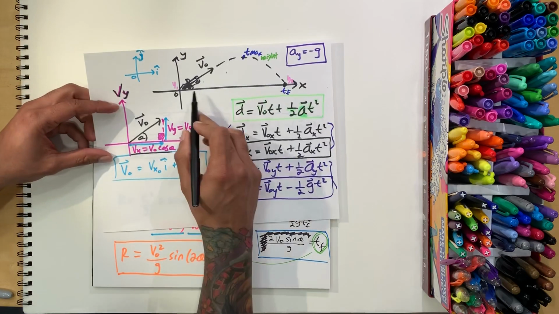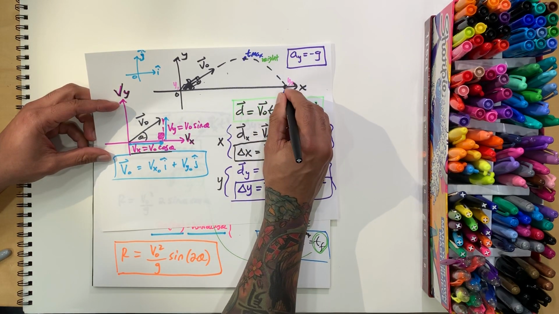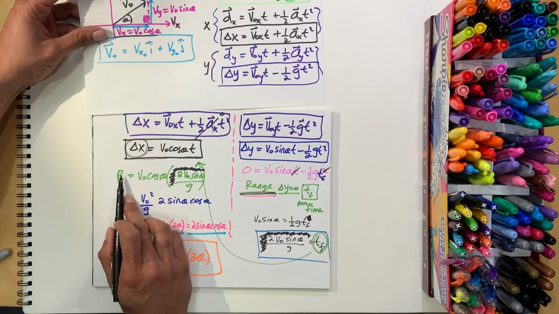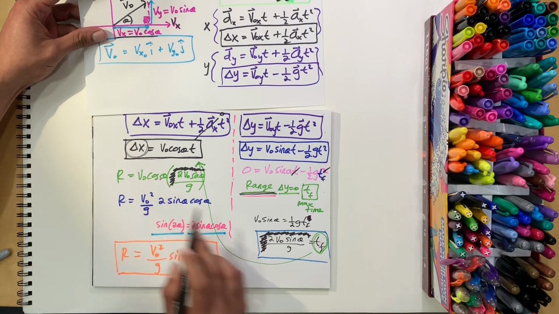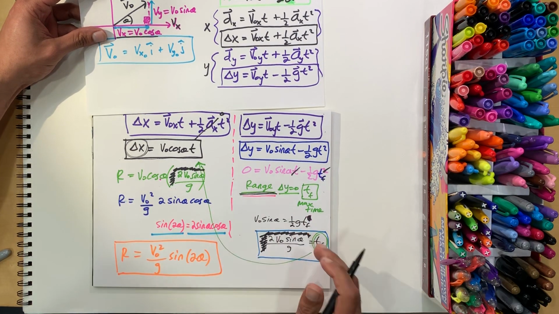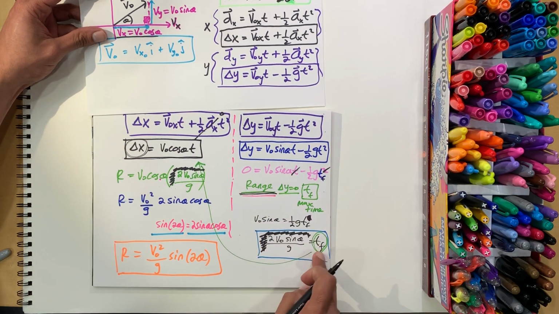Now, the change in x can't just be anywhere along here. It has to be all the way at the end where the projectile comes back down, because that's what range is. And since we're using time final, range is what described this time final to begin with.